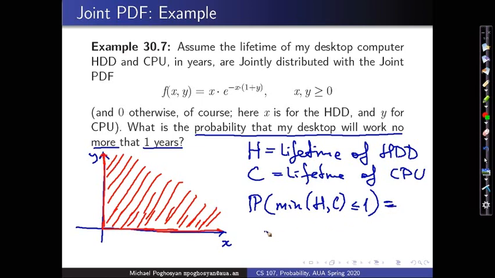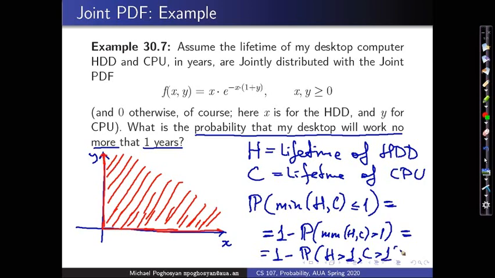Maybe it is better in this case to pass to the complement: 1 minus the probability that the minimum of H and C is larger than 1. The minimum is larger than 1 means that both of them are larger than 1. Now I can calculate this, and later subtract that value from 1.